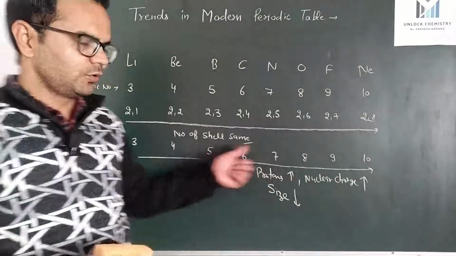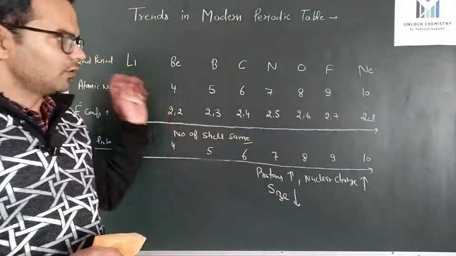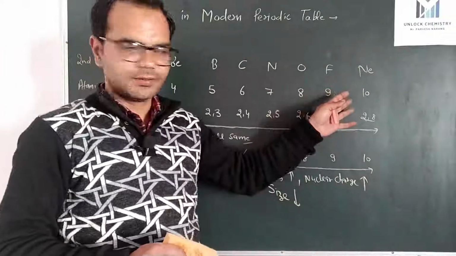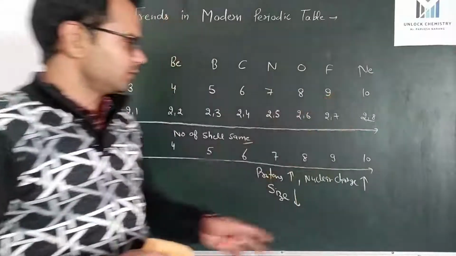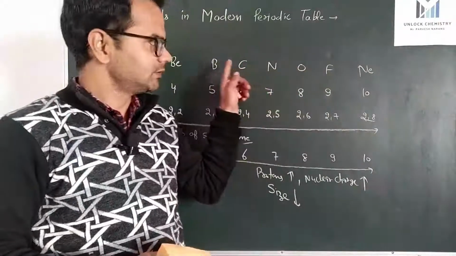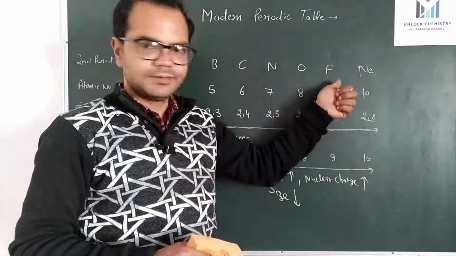Why decreases? Due to increased nuclear charge, due to increased number of protons along a period. If we move from left to right, so if we compare the size from lithium to fluorine, there is a gradual decrease, but exceptionally noble gases have slightly higher size than halogens.